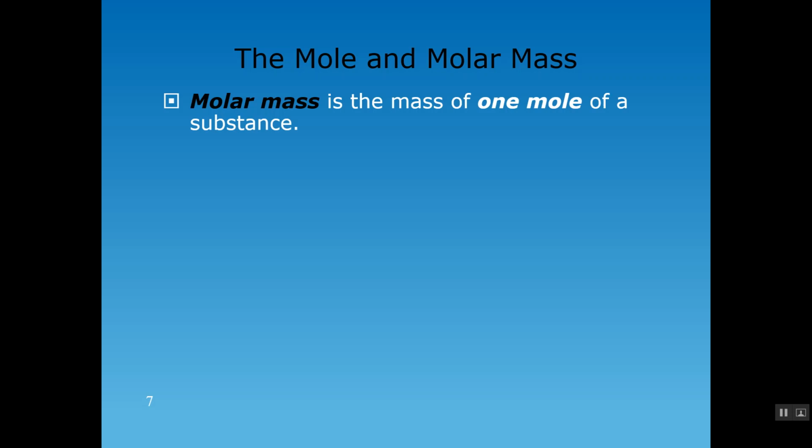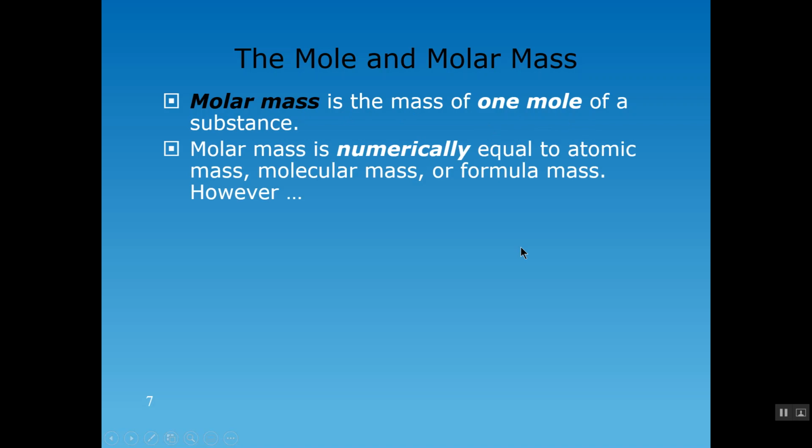So we just talked about the fact that different substances may have different masses for 1 mole in each case, right? So that brings us now to this definition, molar mass. By definition, the molar mass of a substance is the mass, usually expressed in grams, of 1 mole of a substance, right?